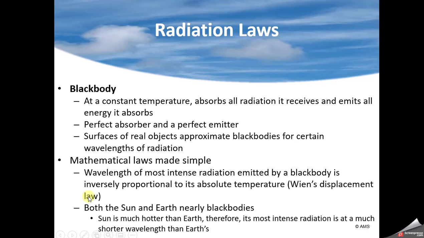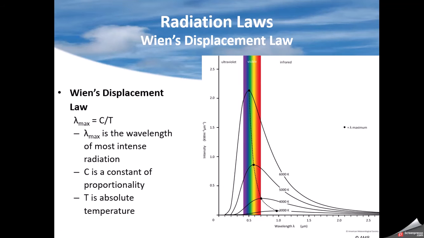So there is a law called Wien's displacement law. Well, what does that mean? It's real simple, actually. The maximum wavelength is proportional to 1 over the temperature of whatever body is doing the radiation. So you think about the sun. The sun is extremely hot.